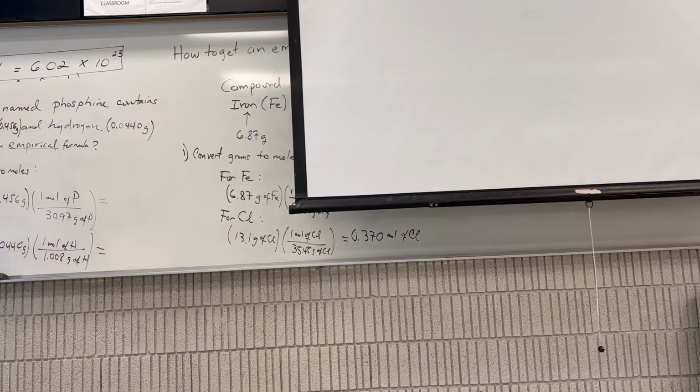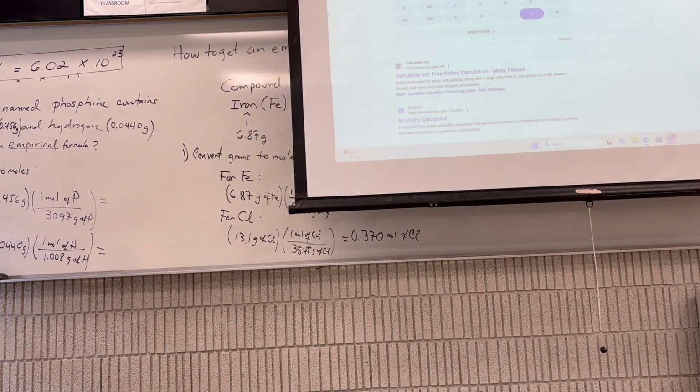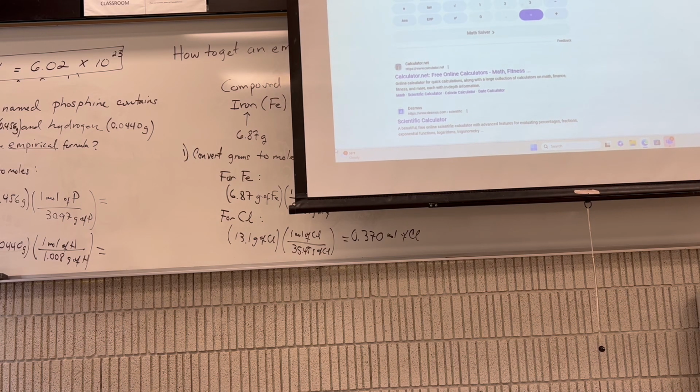So we're dividing 0.456 by 30.97. 0.147. Okay, well, let me do it myself here. 0.456 divided by 30.97. And that's going to be the first amount in moles for the first chemical.